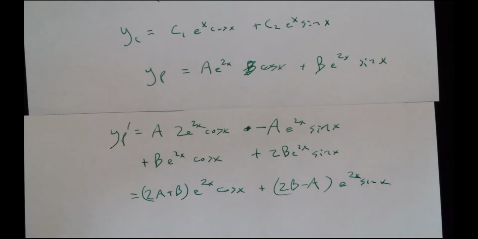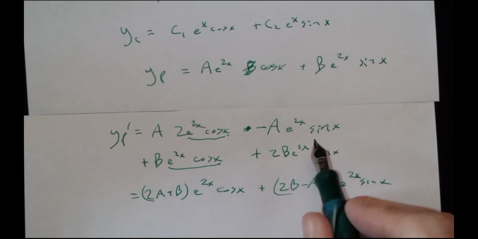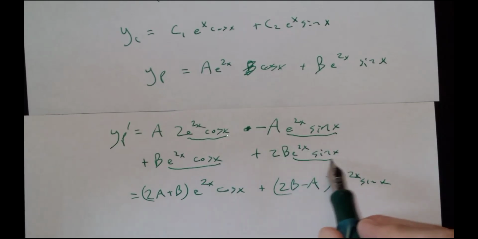And then when I go to the second derivative, there's only one of each with the product rule. And it's the numbers in front that are the ugly part. So I would group the a and the b with the e to the 2x. Right, I went with this is the e to the 2x cosine parts. And these are the e to the 2x sine parts.